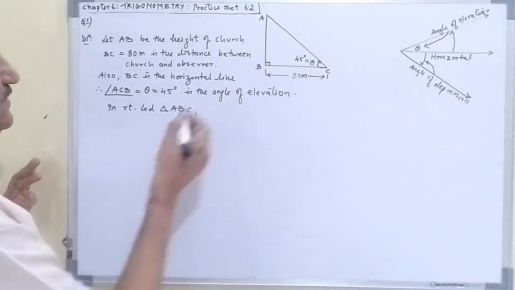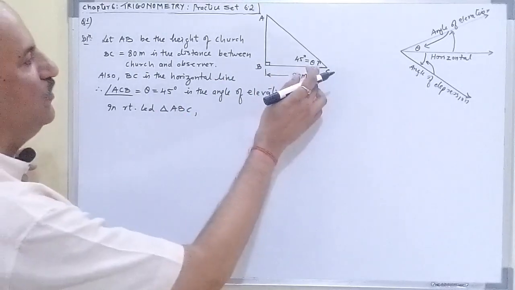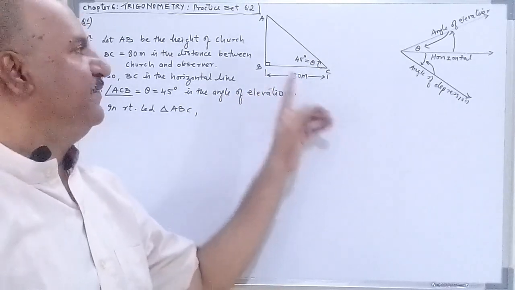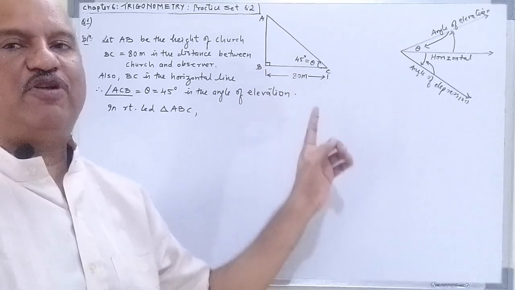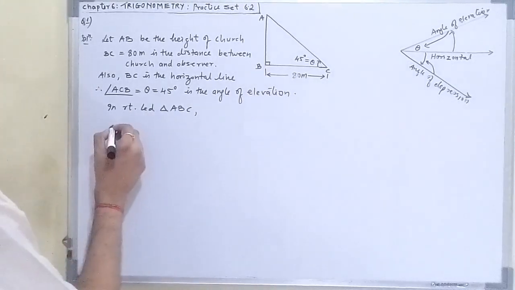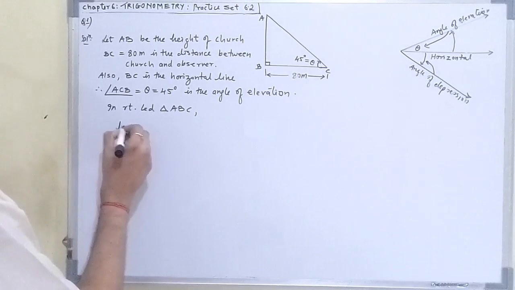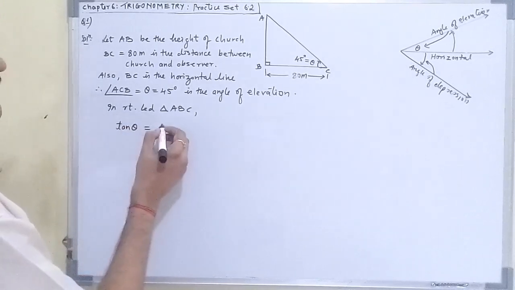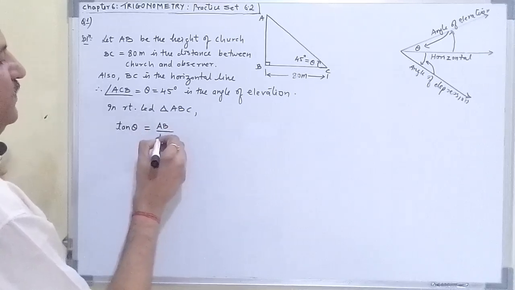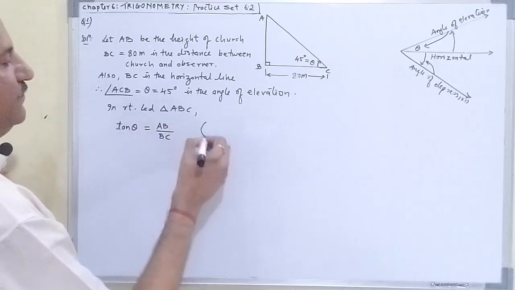So in a right angle triangle, हमें क्या चाहिए? हमें क्या दिया है? Adjacent side दी है. हमें चाहिए opposite. तो opposite upon adjacent क्या होता है? Tan. Tan theta is AB upon BC.